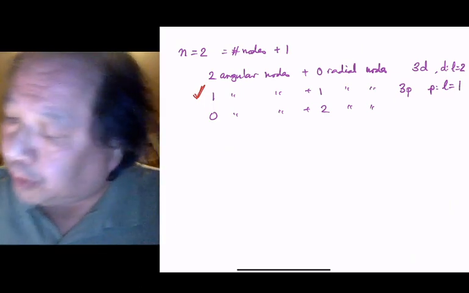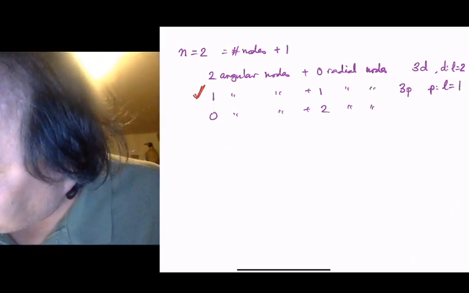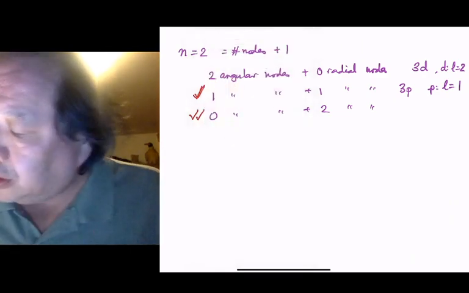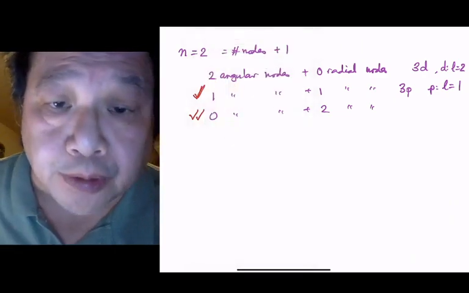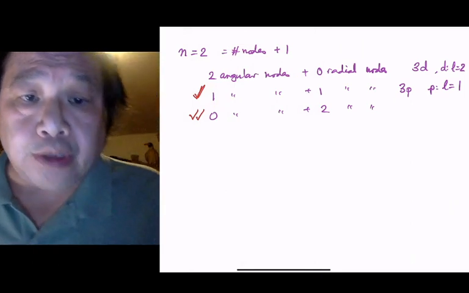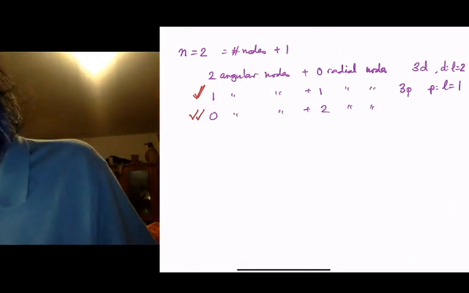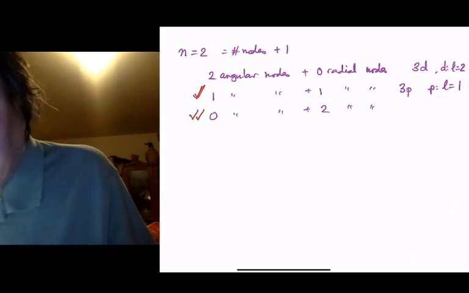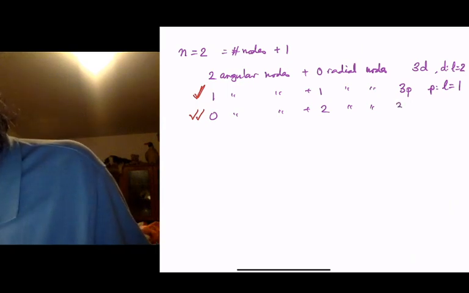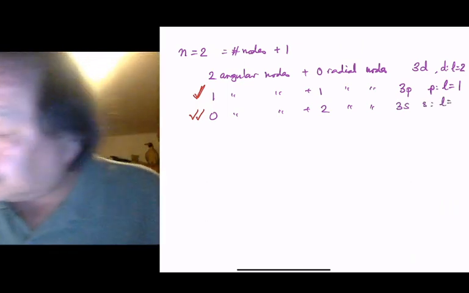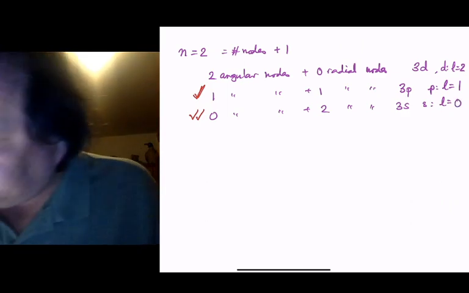Or it could be, we have this final case here, where we have 0 angular nodes plus 2 radial nodes. What is that orbital called? And that is called, put it in chat, 3s. And for s, L equals what? And the answer is 0.